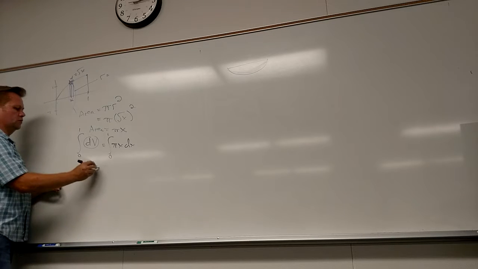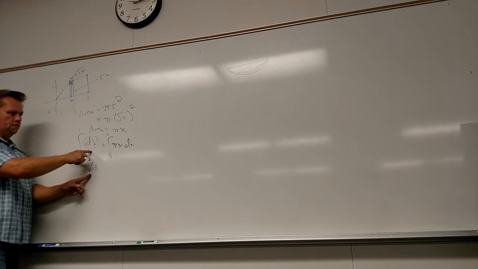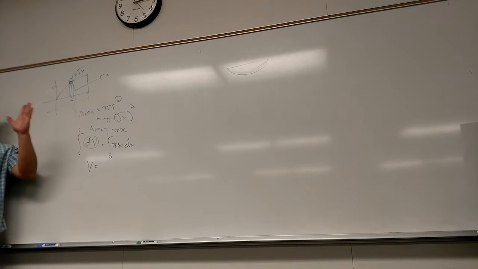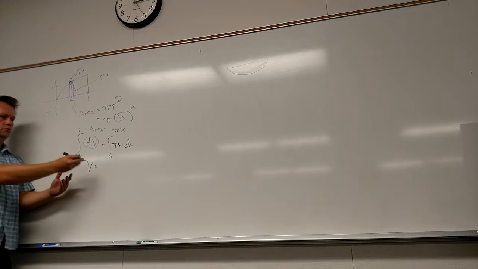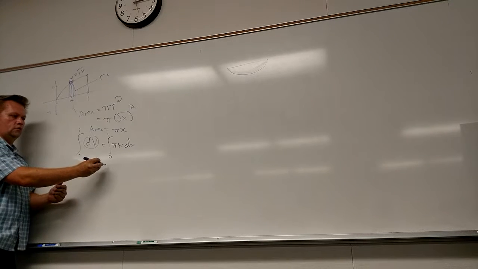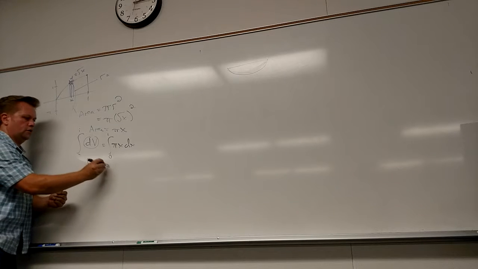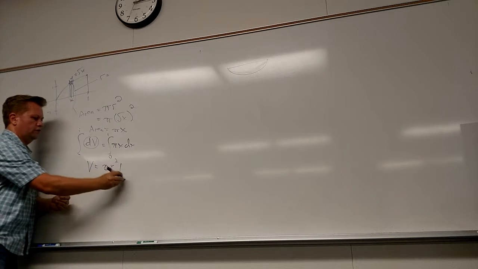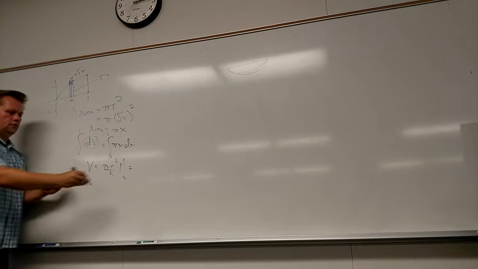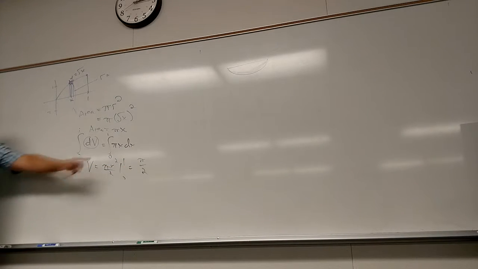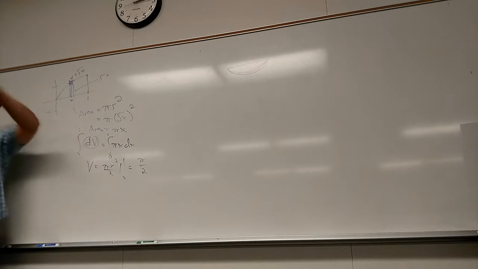So I get the volume equals, and now how do you integrate this? Don't let pi freak you out, it's just a constant. Pi x squared over 2, evaluated from 0 to 1. Plug 1 in, you get pi over 2. You plug in 0, you get 0. So I get pi over 2.